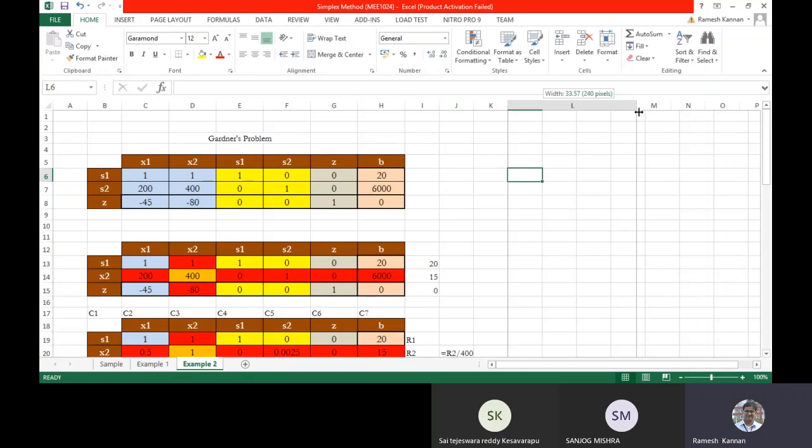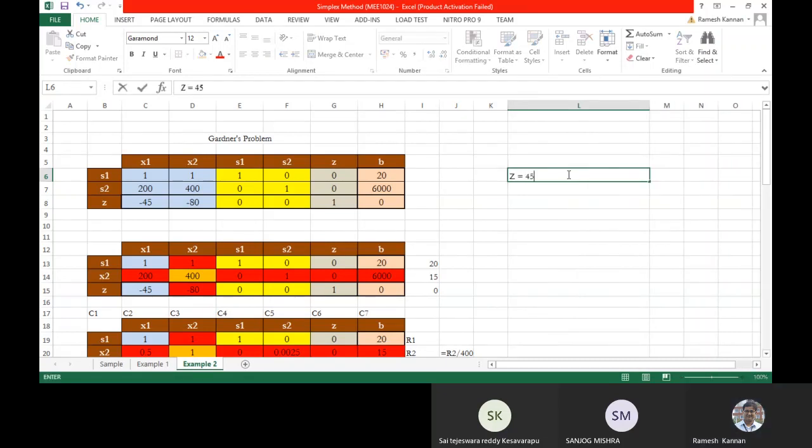This is the objective function. This is one of the constraints.